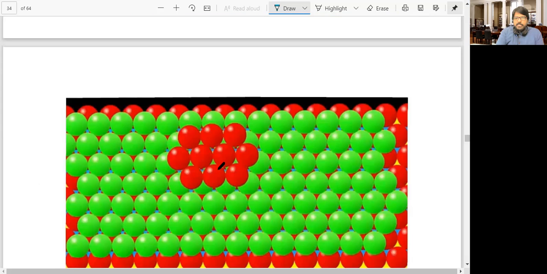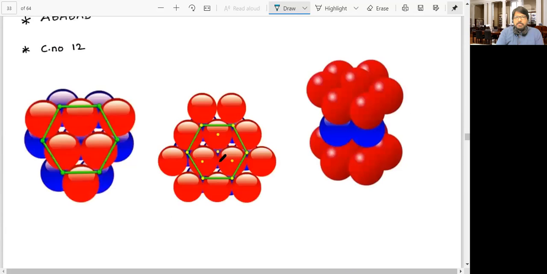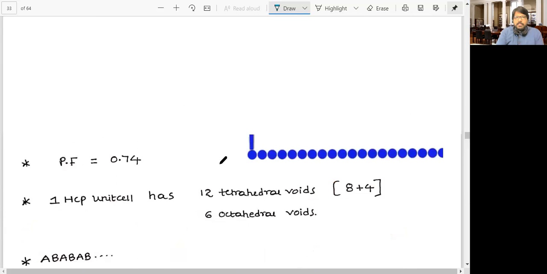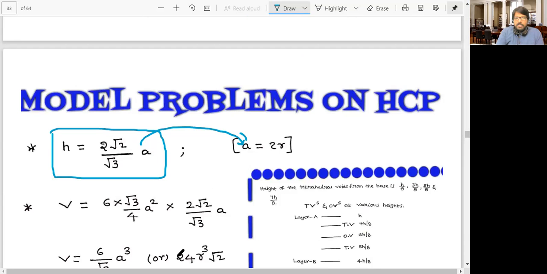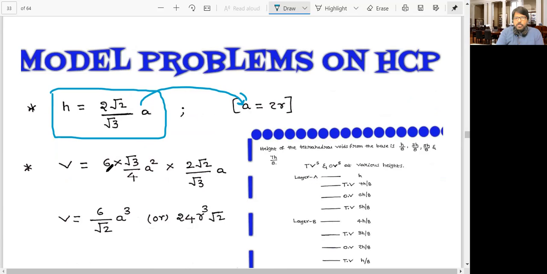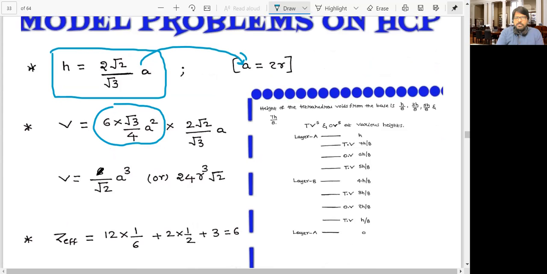You only need to remember one simple point, the height of the hexagon, and you can spontaneously find the volume. There are 6 equilateral triangles in the base, and base area into height gives the volume of the HCP unit cell.